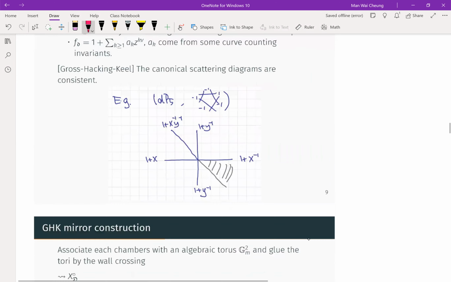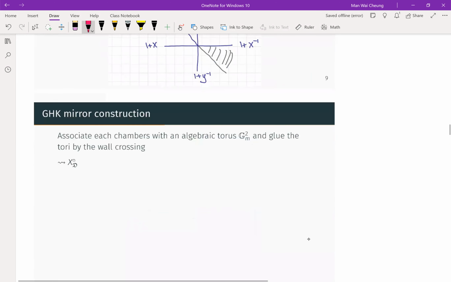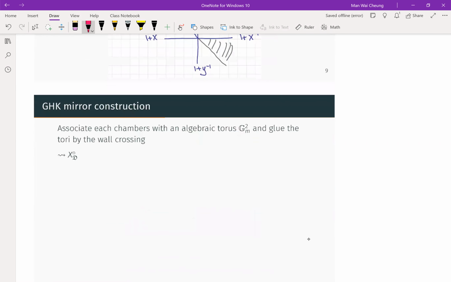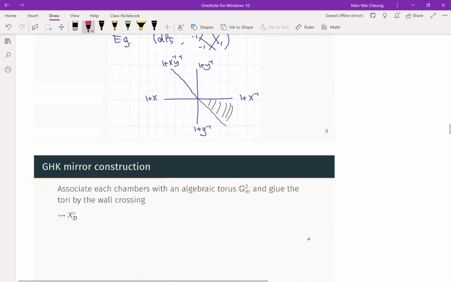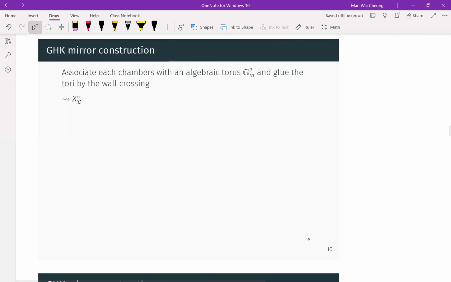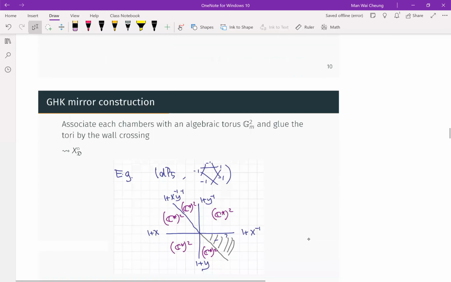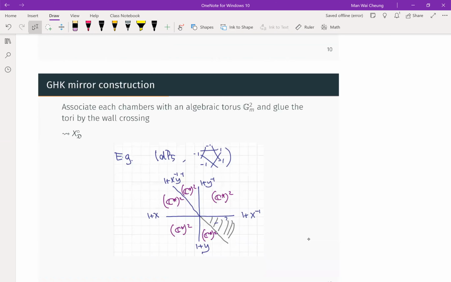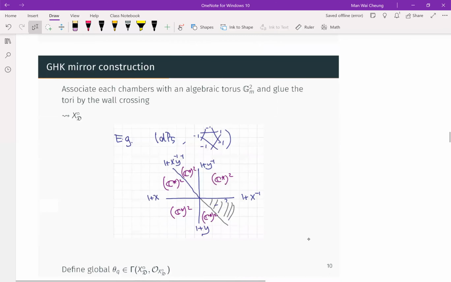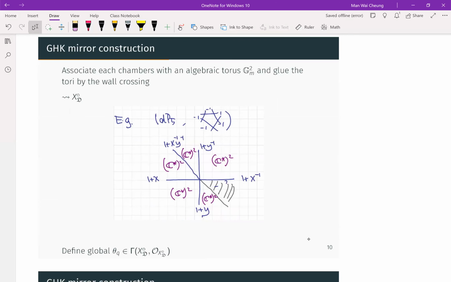So the construction they have, the rest is almost like what we have done. So like I said, I'm going to repeat the same thing over and over again. We still have the chambers, and then we glue the chambers by this wall function to obtain our open scheme. And on there, we similarly define theta functions the same way on the affine manifold.